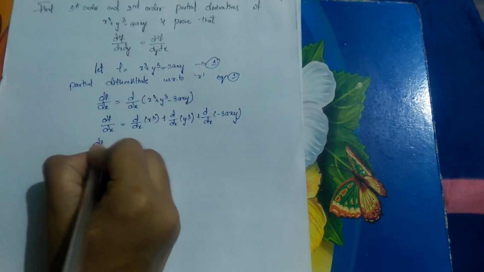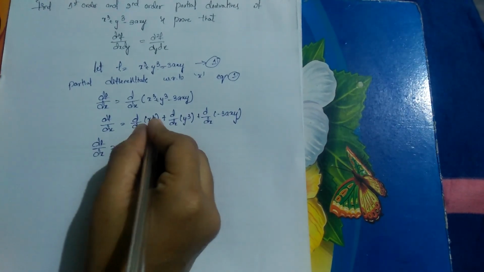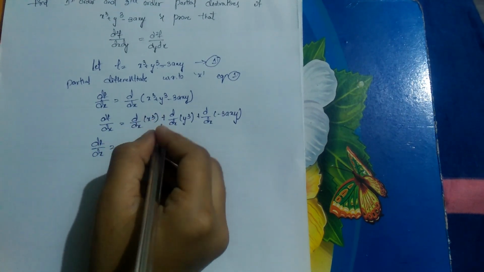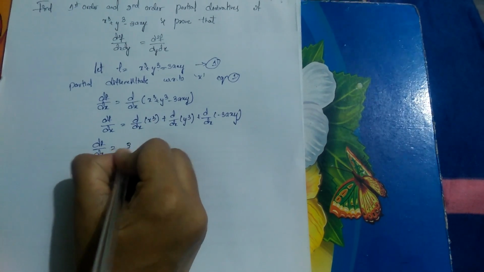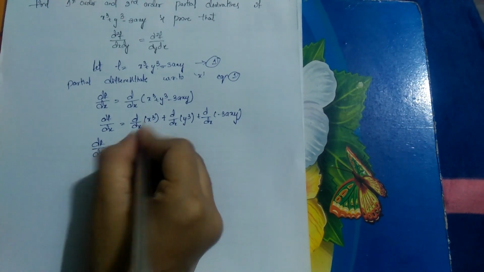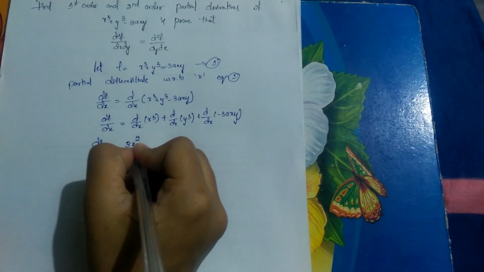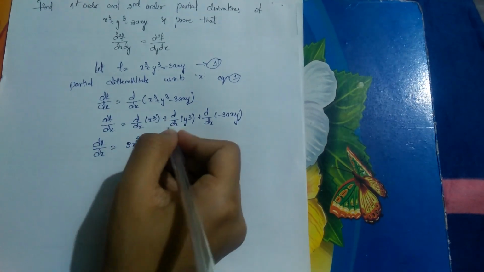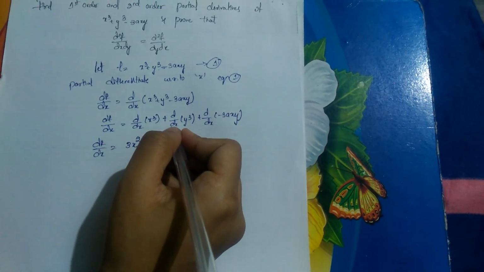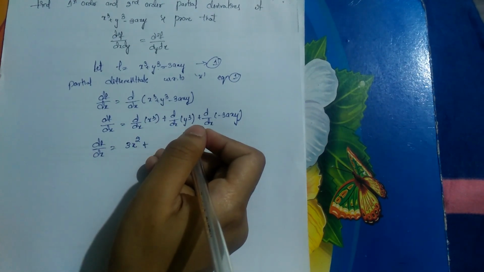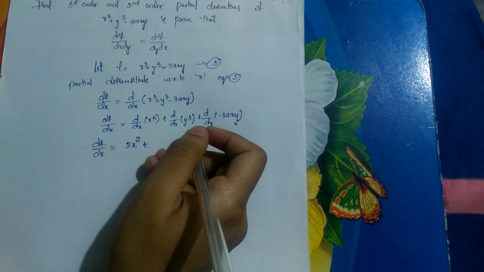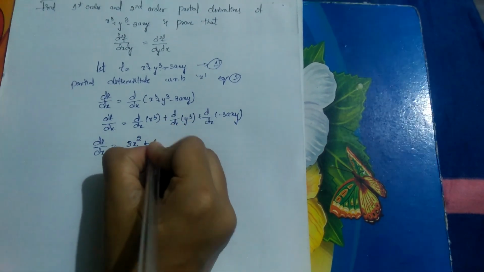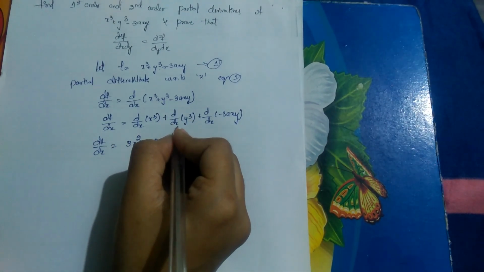Then here dou f by dou x is equals to x cube differentiation is 3 into x to the power of 3 minus 1, that is 3x square, plus dou by dou x of y cube. As there is no x variable in this term, the whole differentiation becomes 0. So the differentiation of y cube is 0, that we are doing with respect to x.